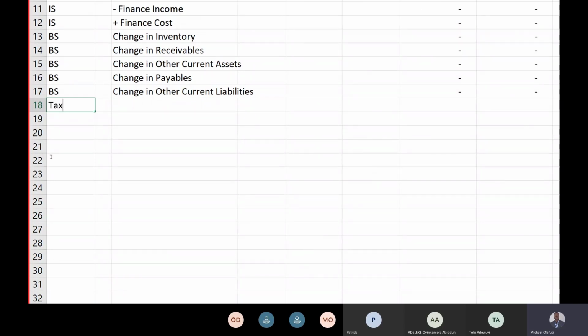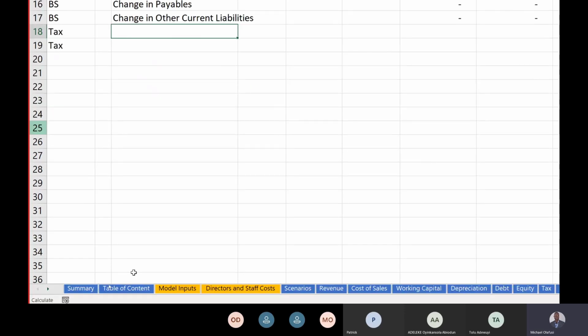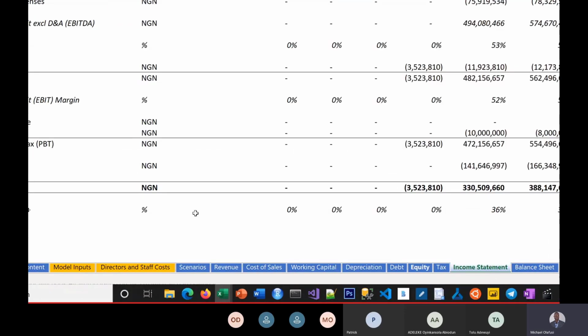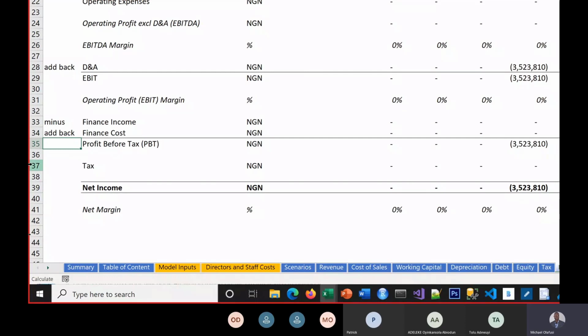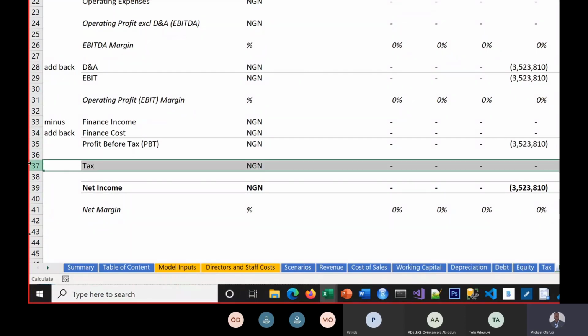So, tax. The truth is that in the income statement, whatever you put here as tax, computed as tax, is your accounting tax. It is following the accounting rule. It's not always going to be the tax that you end up paying. In fact, it's the audited account you're going to use to go and process with the tax official the tax that you're going to pay.